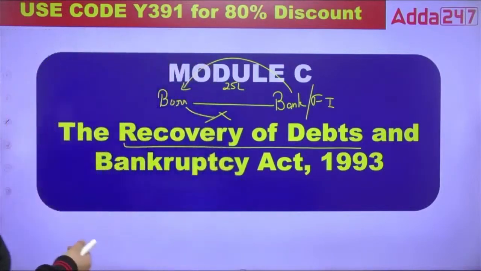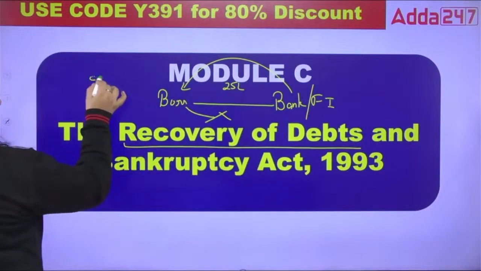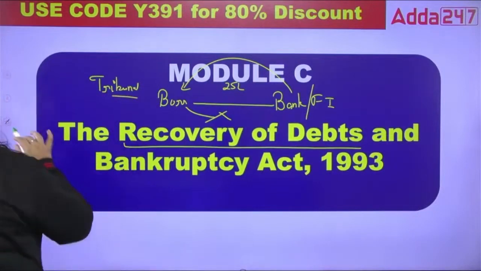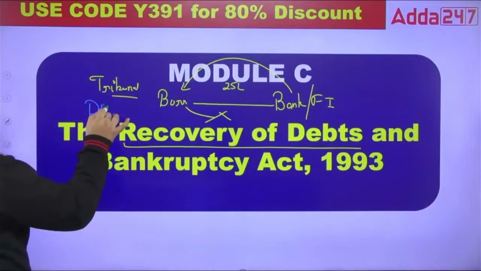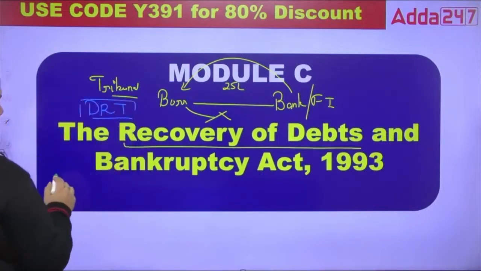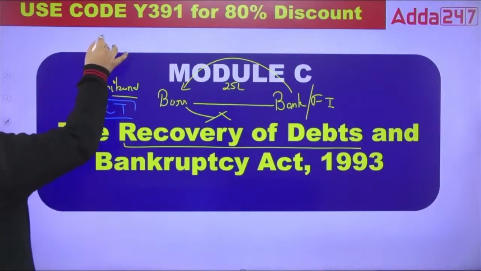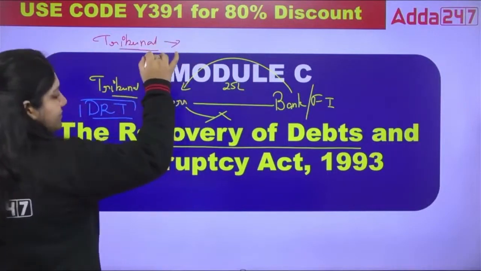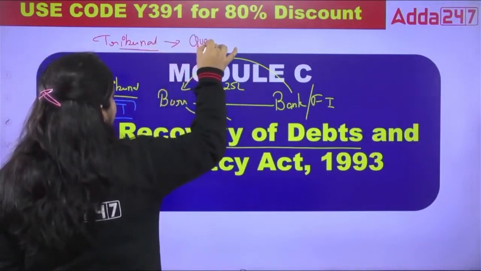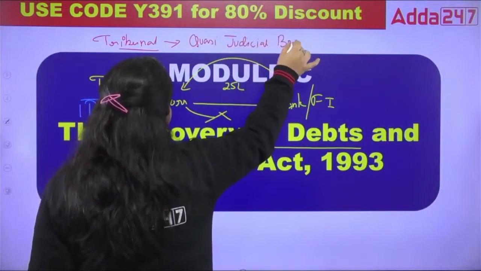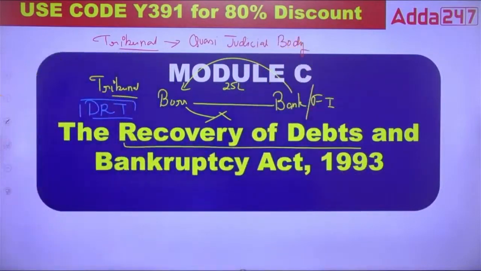So in this case, what will happen? According to this act, there is one tribunal which will solve the dispute, and that tribunal is basically the DRT, the Debt Recovery Tribunal. The tribunal is a quasi-judicial body.